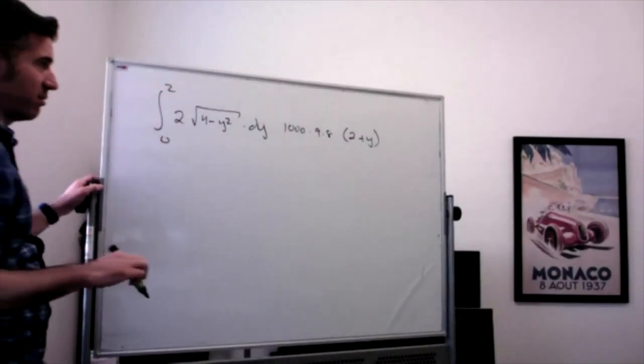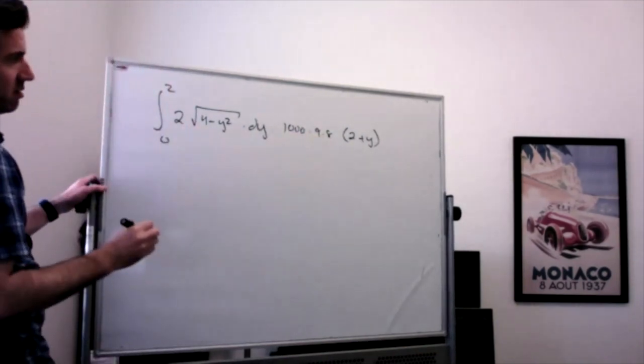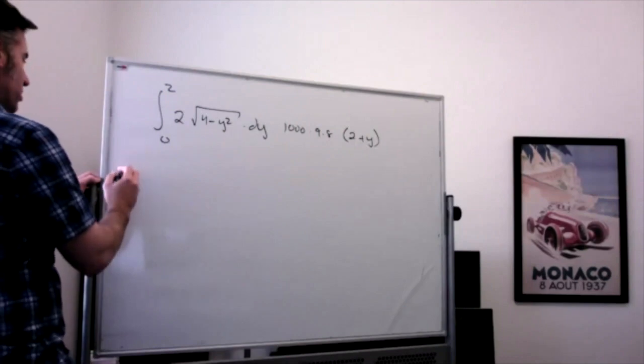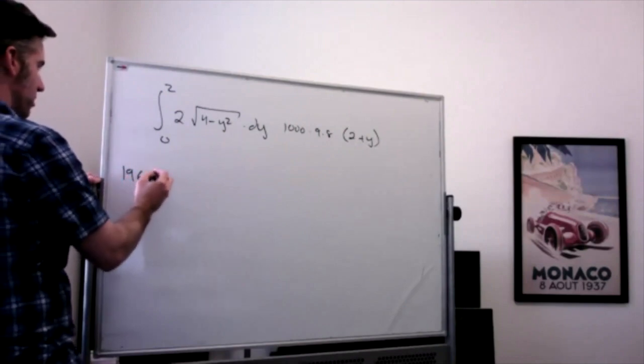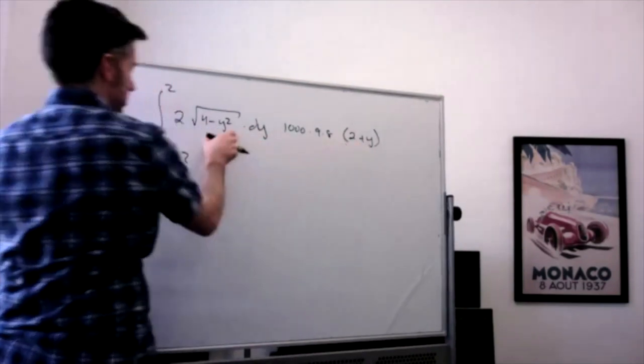Okay, so we're going to break it apart. I'm going to bring out the 1,000 and 9.8. So that's going to be 9,800 times 2 is 19,600. And we go from 0 to 2 of 2 plus y times the square root of 4 minus y squared.